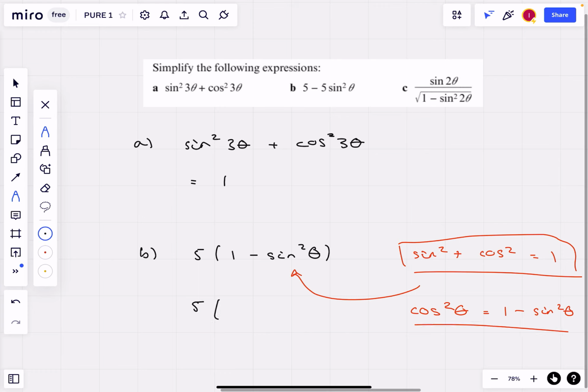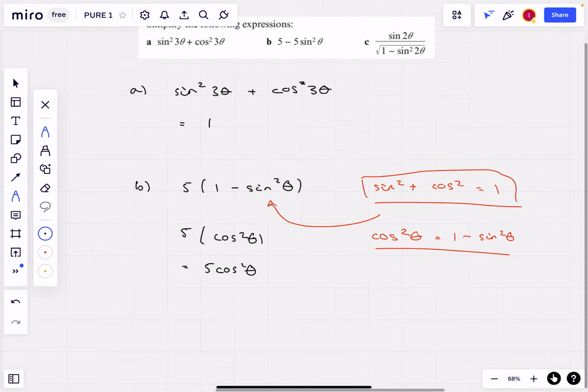So 5 cos squared theta. That's fully simplified. So do you see what I mean by taking an identity and then manipulating it? That's essentially what you're doing.